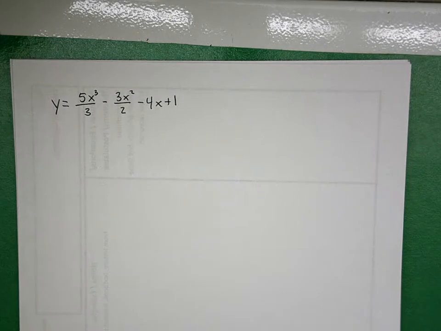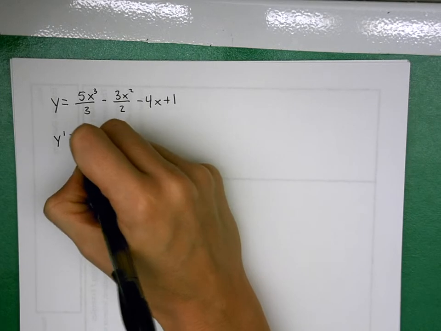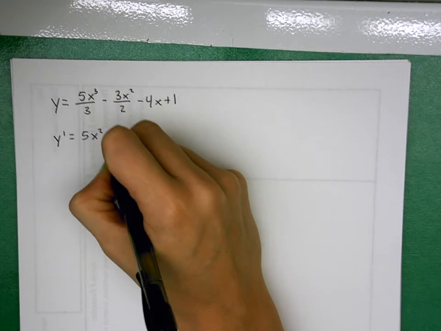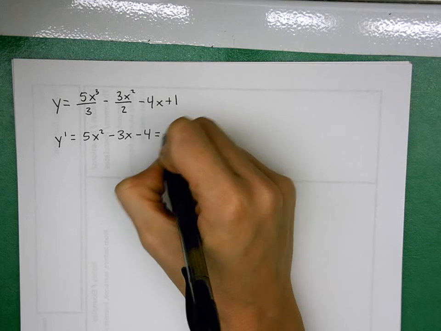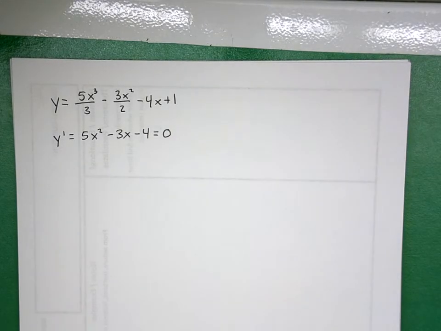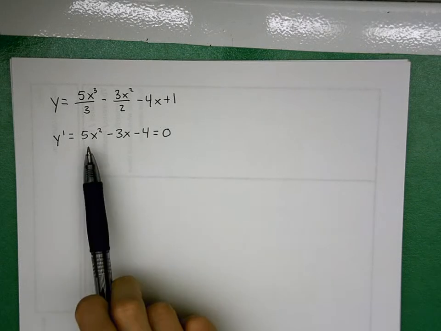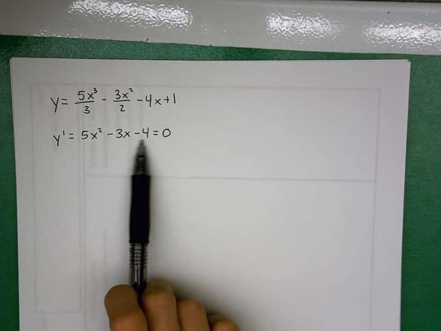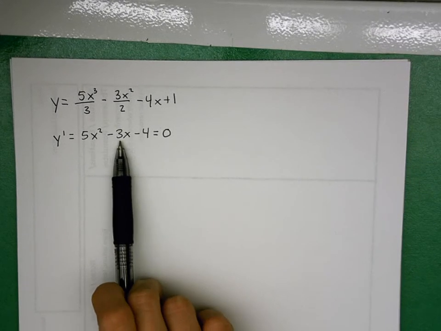Okay. So critical numbers first, take that derivative. You get 5x squared minus 3x minus 4. And the reason that I say we're going to use our calculator to do quadratic formula is because when you look to factor this one, there are no two numbers that multiply to -20 but add to -3.